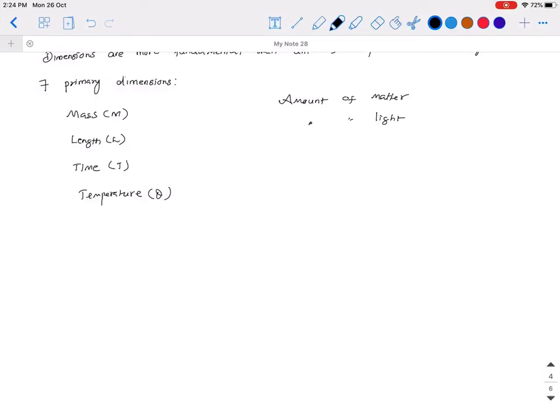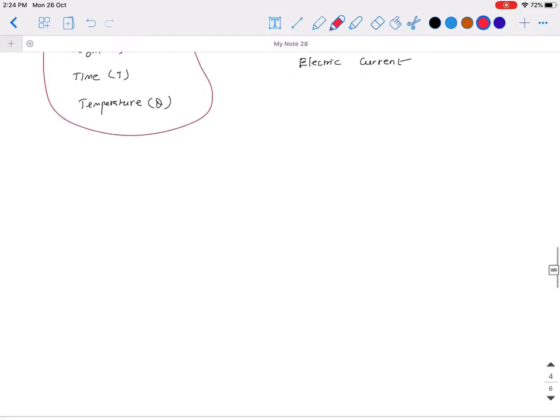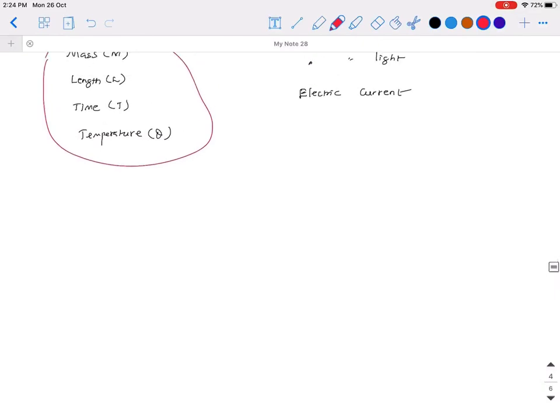The last one is electric current. This second batch is not our interest. We will be talking only about the first ones in the course, mainly the first 3, maybe with temperature. All other quantities can be expressed in terms of these primary dimensions.